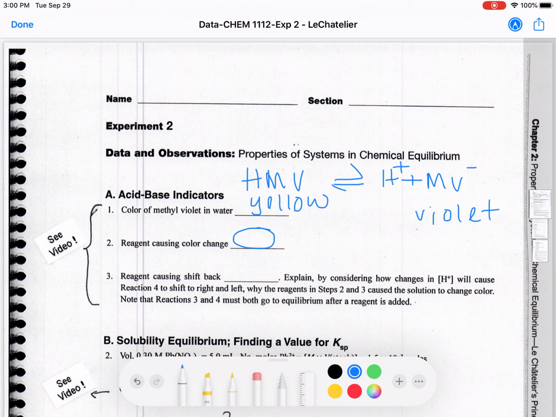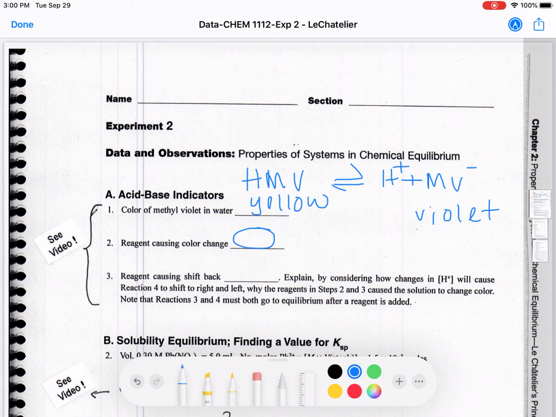And then the reagent causing the shift back. After you change it to the other color, you again add the other reagents. It could be the ammonium hydroxide, sodium hydroxide, or hydrochloric acid. And then you will see which one causes the shift back.